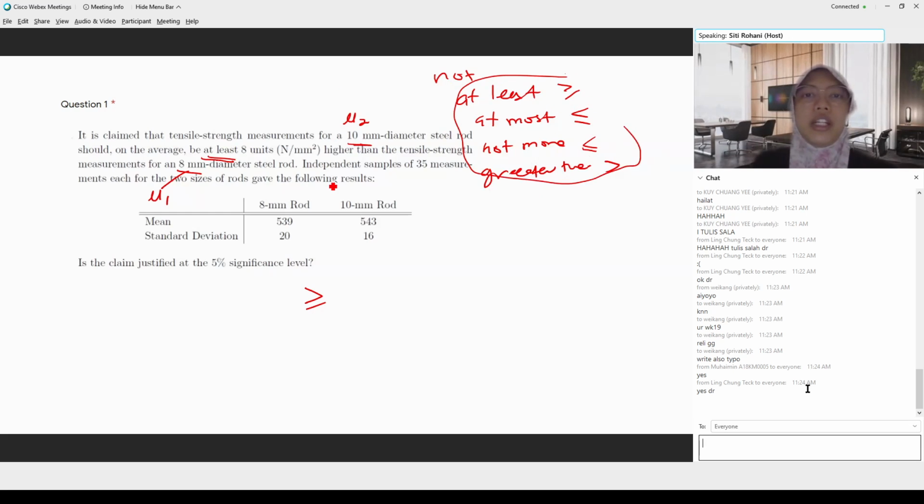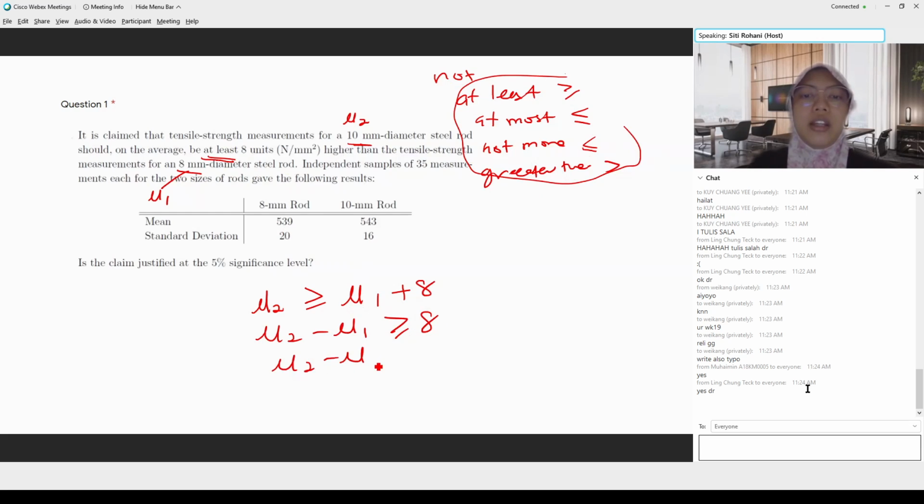So for here, mu2 is at least 8 units higher than the tensile strength measurement for the 8 millimeter diameter steel rod. So that means mu1 plus 8, so mu2 minus mu1 is more than or equal to 8.